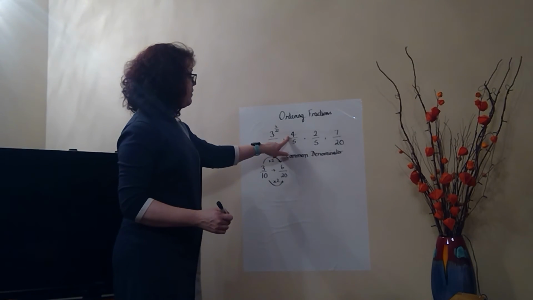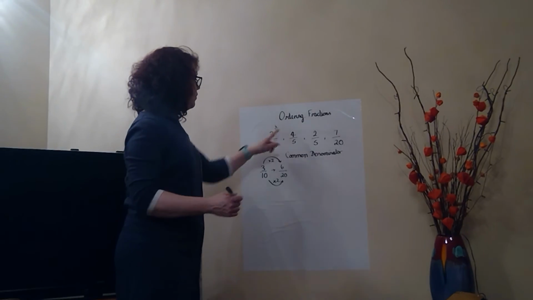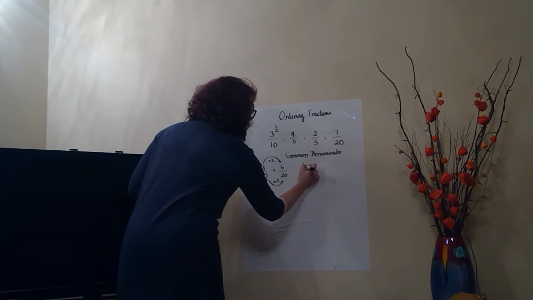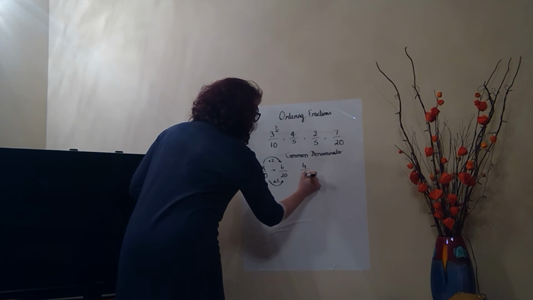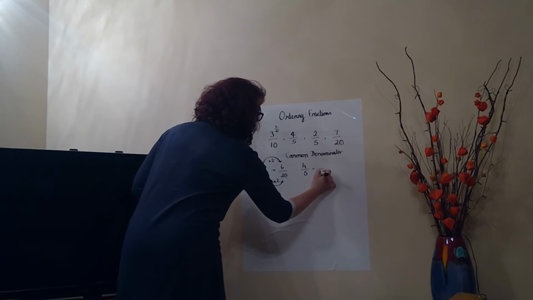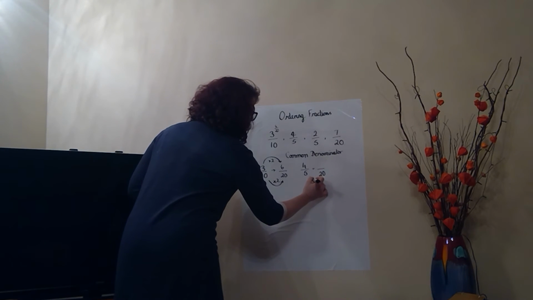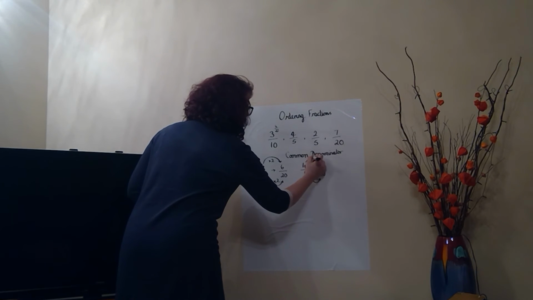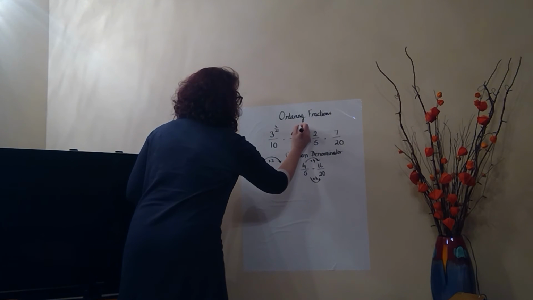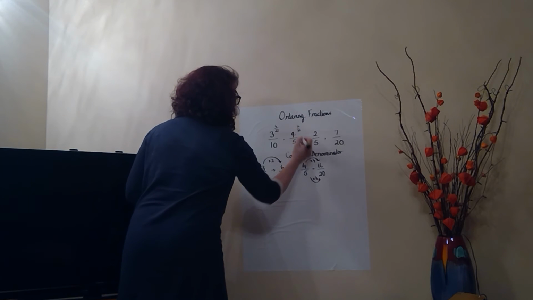Okay, so I now need to find the equivalent fraction for 4/5 in 20ths. So I'm going to do the same thing, 4/5, and I want to change that into 20ths. I know to change 5 into 20, I'm going to multiply that by 4, and I'm going to do the same to the top. 4 times 4 is 16, so that's actually going to give me 16/20.